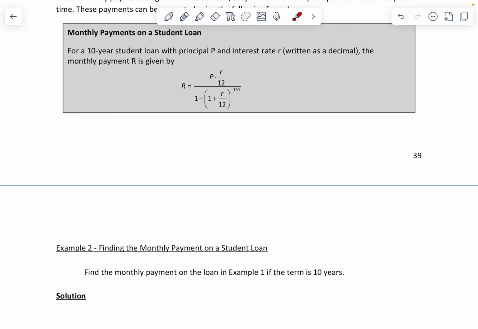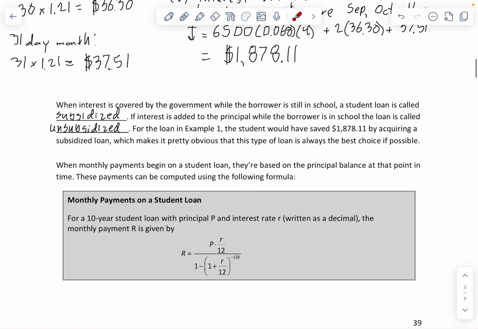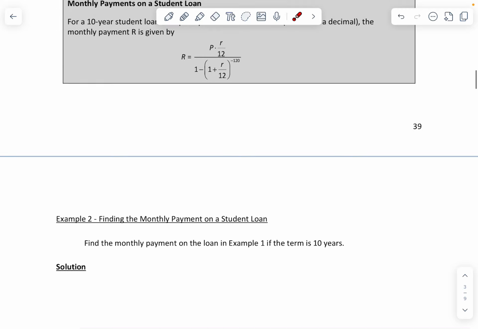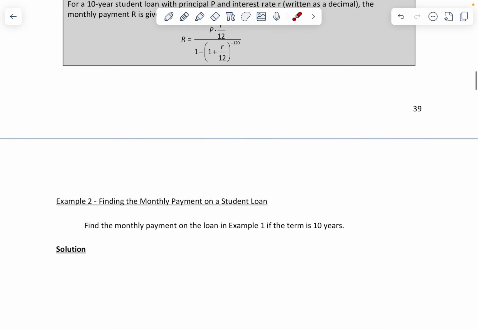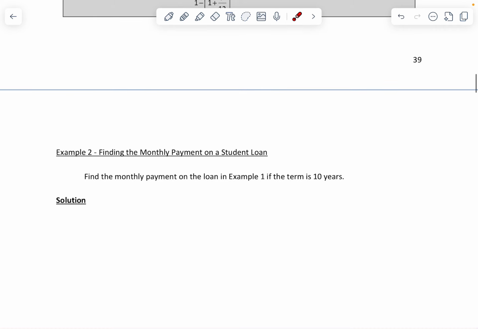We want to now find the monthly payment on the loan in example 1 if the term is 10 years. What we did in example 1 so far is find the total amount of interest that accrues by the time the student starts making payments, $1,878.11. So what we need to do is figure out the principal at the time the student starts making payments.